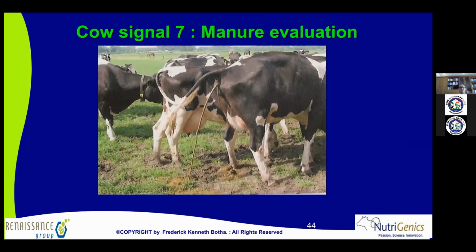If I see things like this, manure evaluation, people laugh at me if they see me on farm, but I enjoy washing manure, and to make sure that what we see in that manure will tell us a lot about our nutrition, not only the diet on paper, but also how we manage that. So we need to evaluate that.